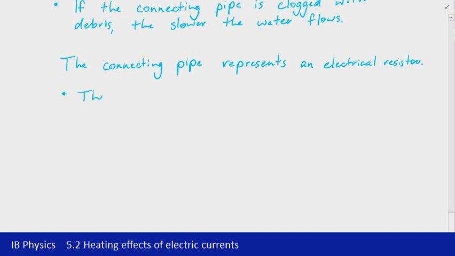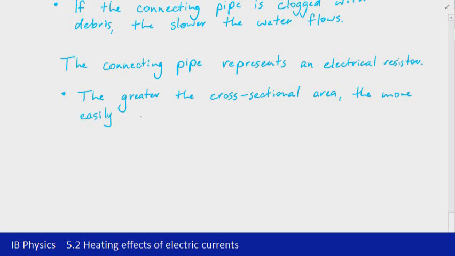So the first is that the greater the cross-sectional area of a resistor, so in other words, the wider it is, the easier it is for charge to flow. And so the easier it is for current to be flowing.